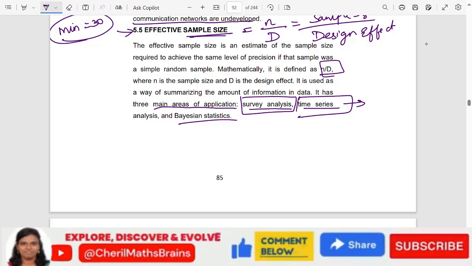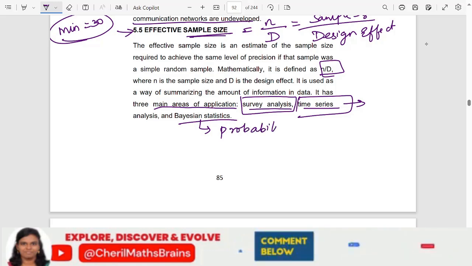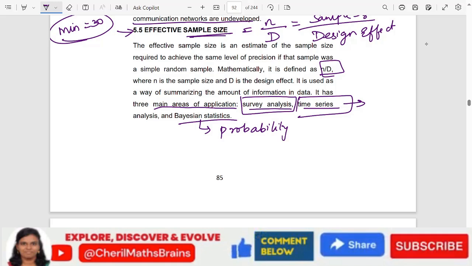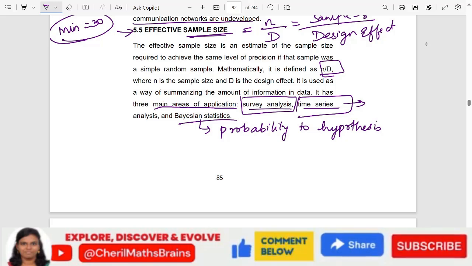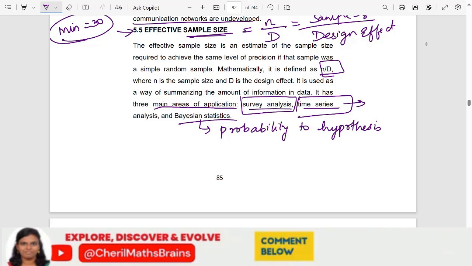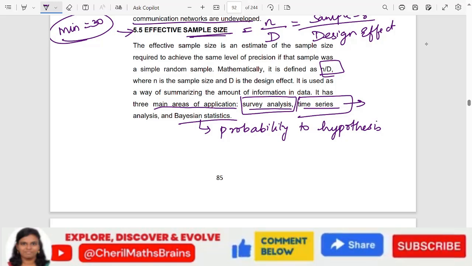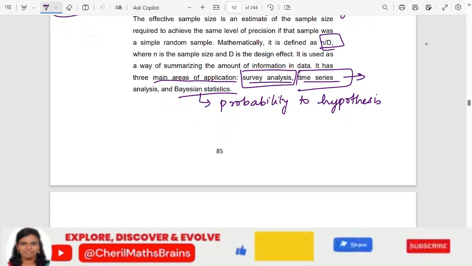Bayesian statistics is wherein you apply probability to the hypothesis which is going to be framed, so you use a mathematical language even for the hypothesis. That is called Bayesian statistics.